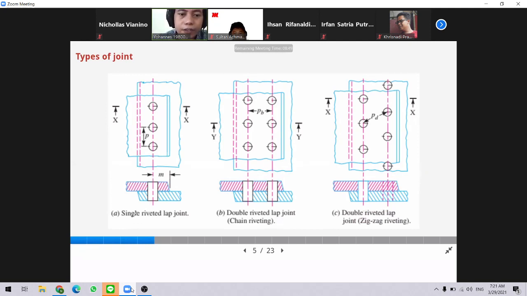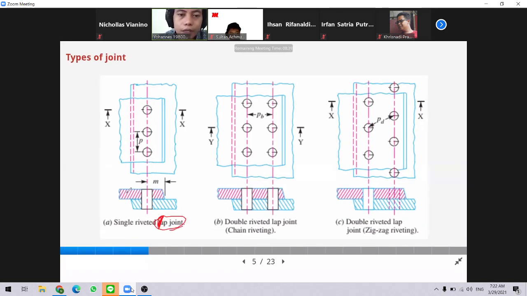The first is what we call a single rivet lap joint. We call it a lap joint because it overlaps. The first plate is overlapped on the second plate, and this is the overlap area.